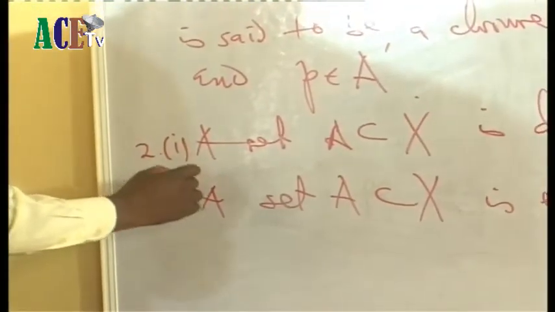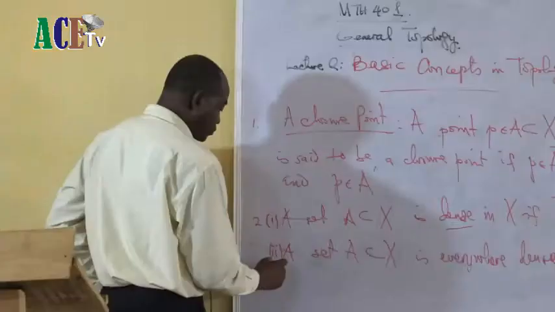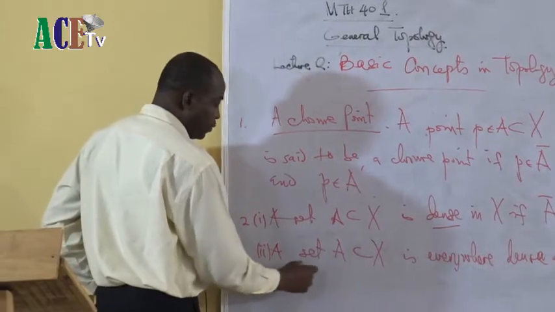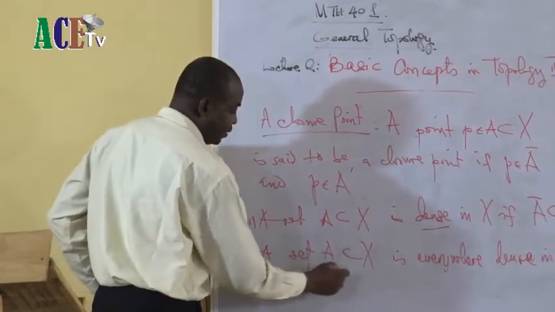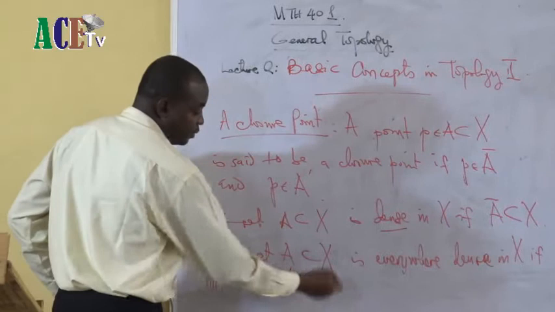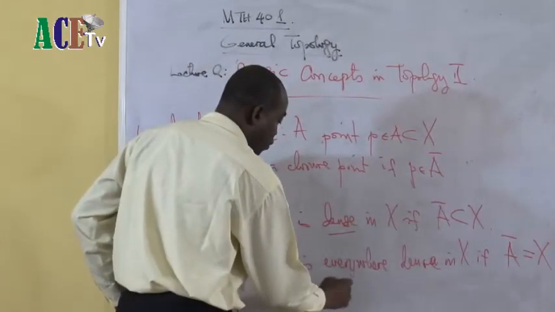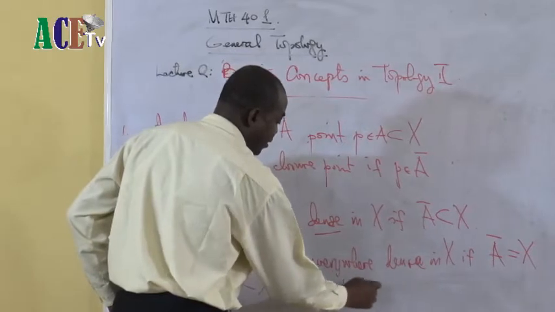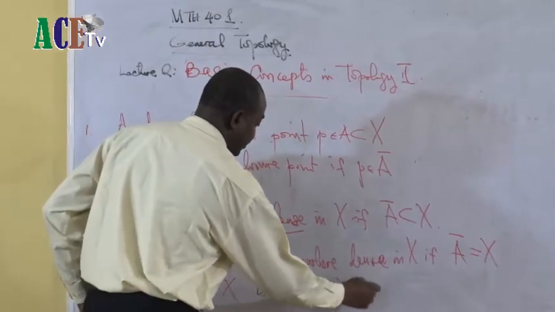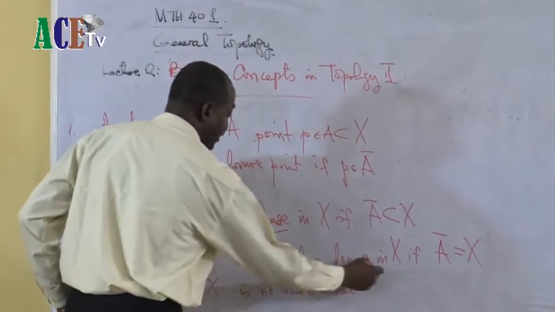So we note this. 3. We also say the set A, which is a subset of X, is nowhere dense. This one is everywhere dense.